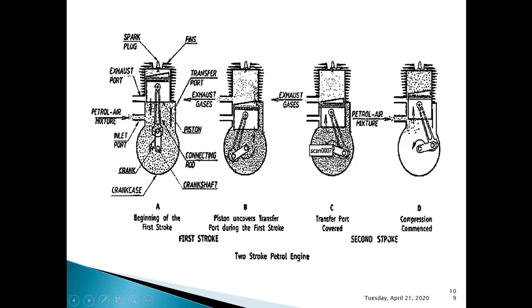One more thing is that the opening and closing of the ports is done by the piston itself. There are no valves in the two-stroke petrol engine. Instead, the opening and closing of these ports is done by the movement of the piston itself. This is the most important thing you need to remember for two-stroke engines.